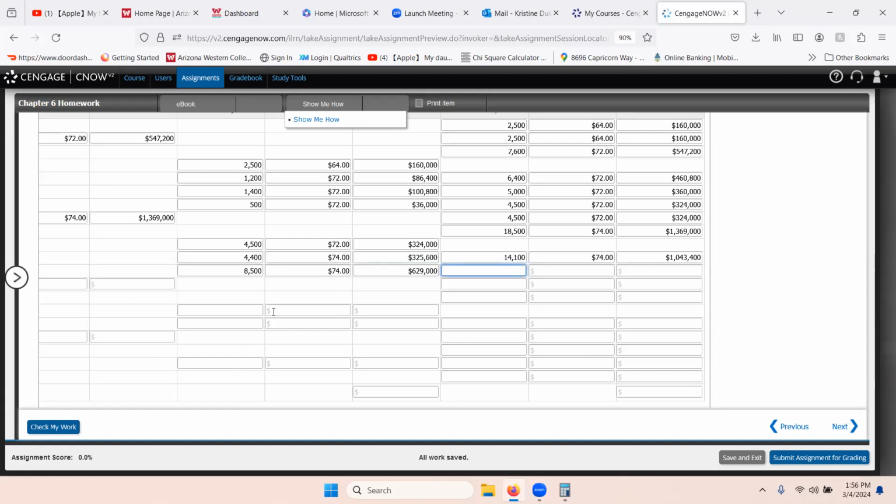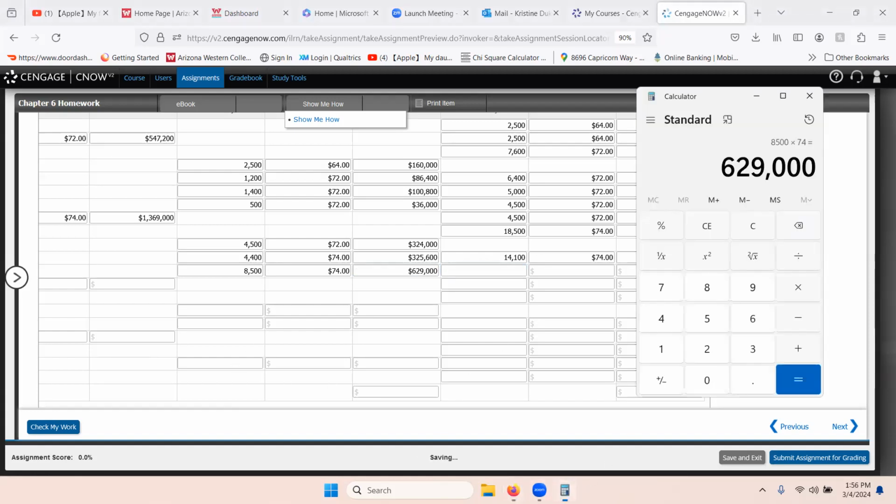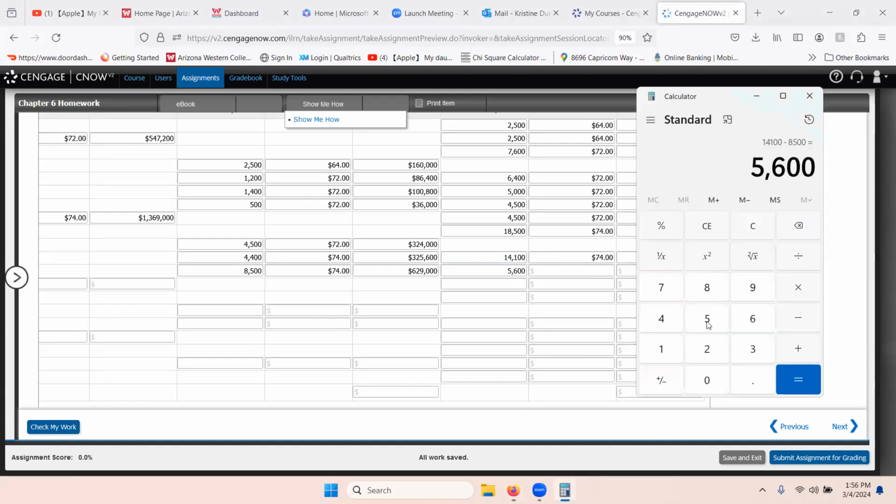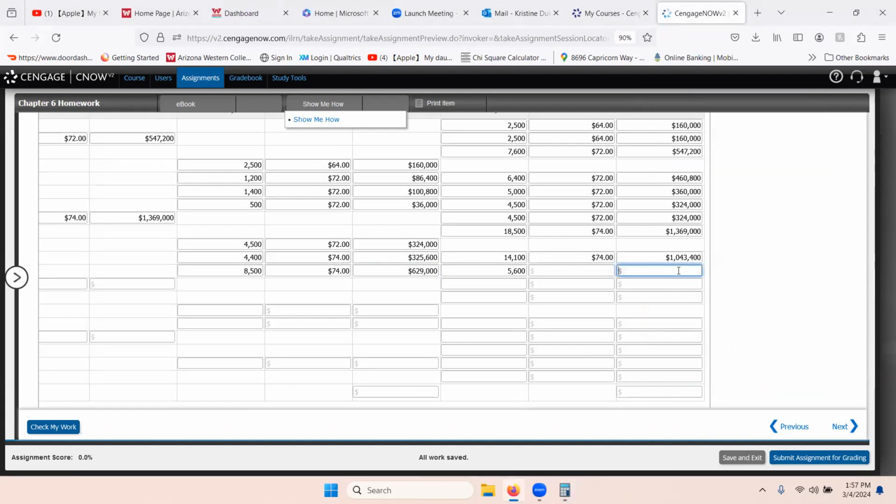Okay, so I'm going to subtract that 8,500 from the 14,100. Equals 5,600. Go ahead and punch that in there. Times 74 equals 414,400. Double check, make sure I read that right. Yep, I did. That's 74.